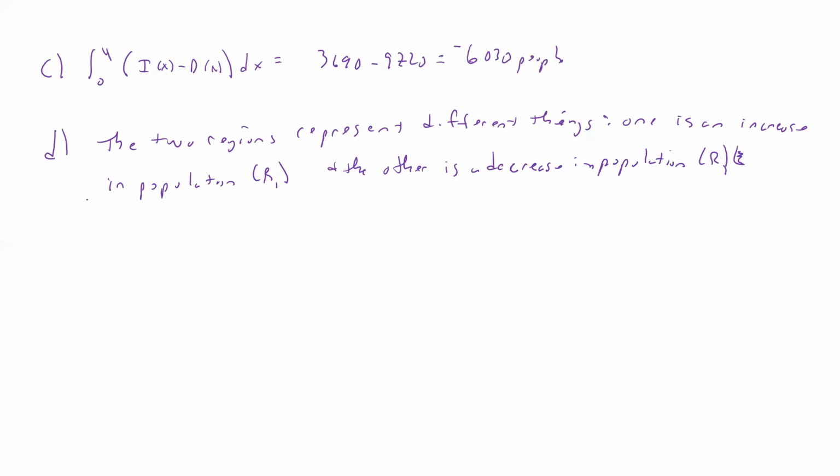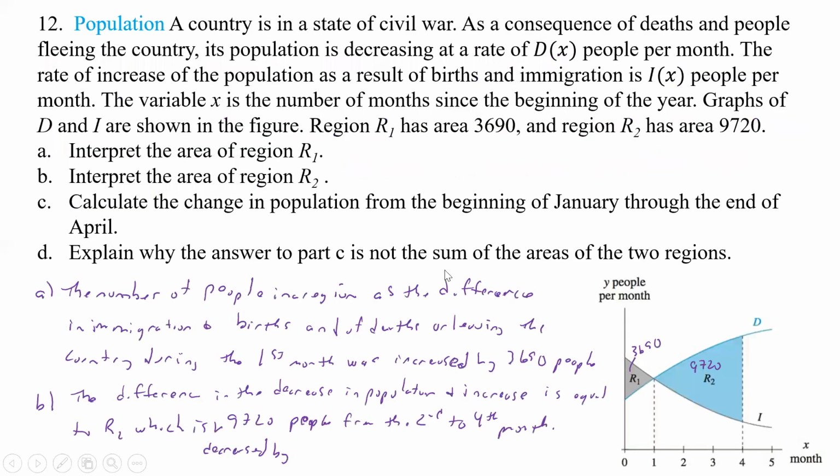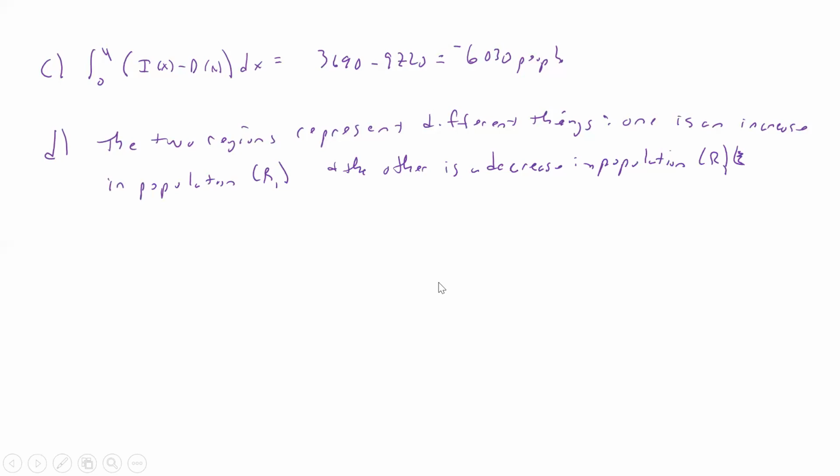And so that's why C is not equal to B. When we add the signed areas, that is a subtraction.